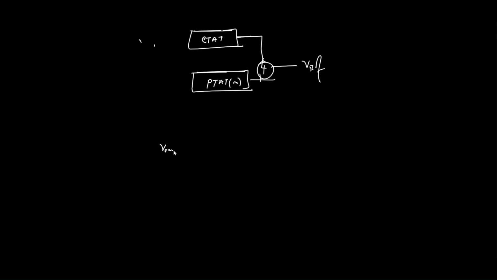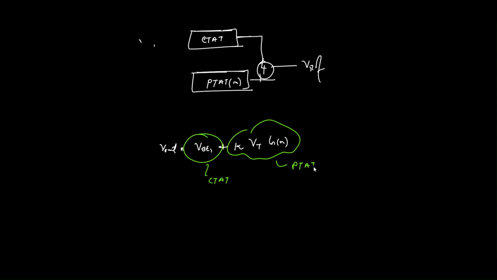the Vout equals VBE1 plus K, where K is a constant that will reduce this number of parallel diodes, VT ln N, and this one is CTAT, and this one is the PTAT.